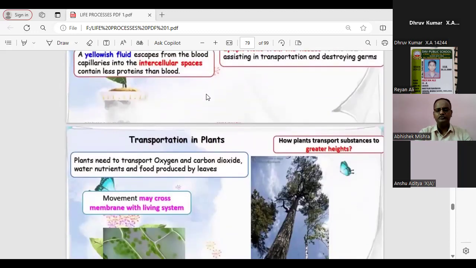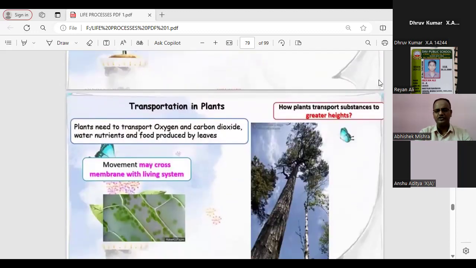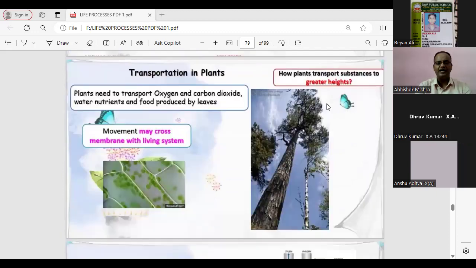Now we are coming to the next topic, that is transportation in the case of plants. Students, plants do not have any specialized organ to pump water and minerals. But one very important thing is that they have certain specialized connective tissues, the xylem and the phloem.